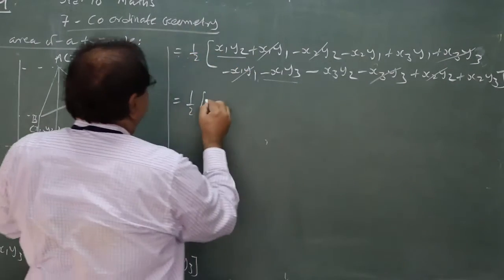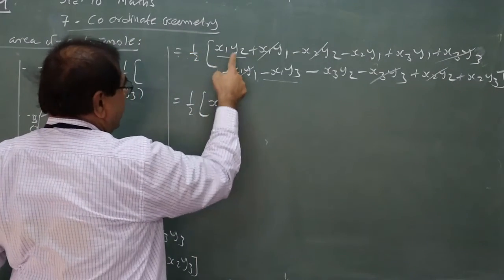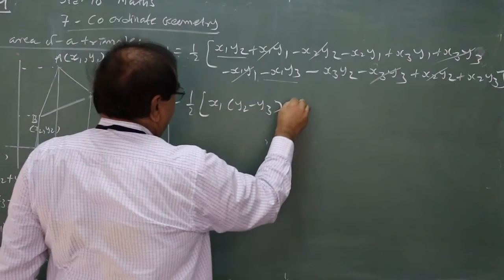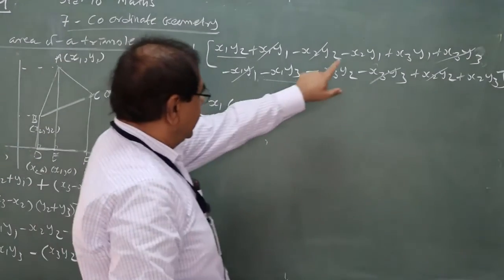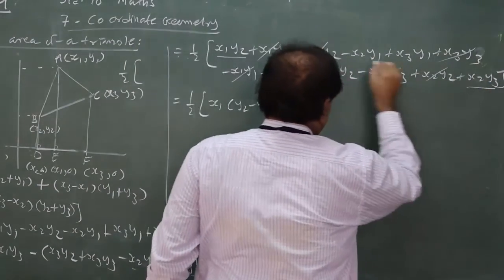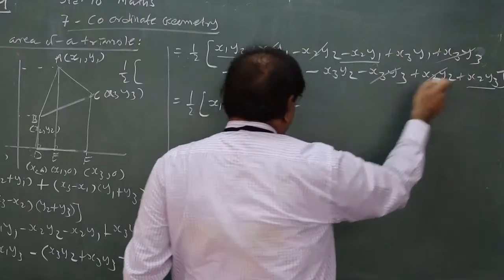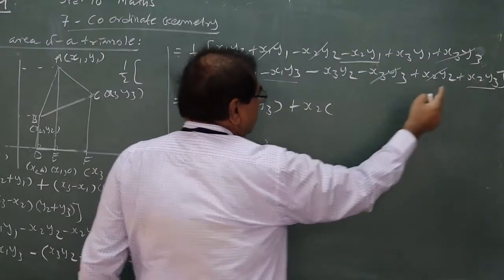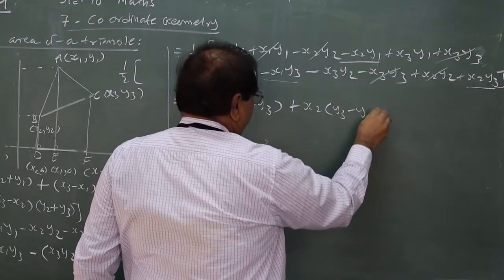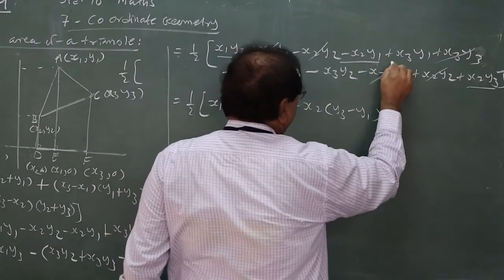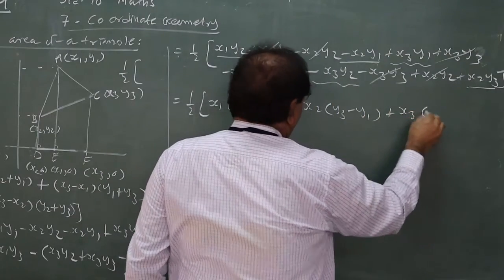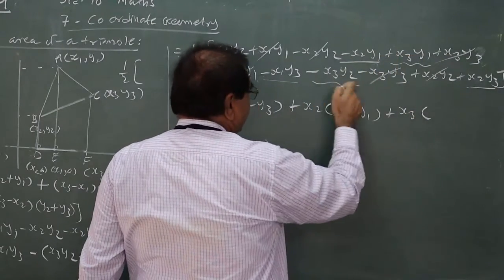Let me simplify these two. x1 common, y2 minus y3. Now we take the x2 terms: it is minus x2 and somewhere it is plus x2. So I take these two, x2 common, so y3 minus y1. And now x3 common into bracket, y1 minus y2.